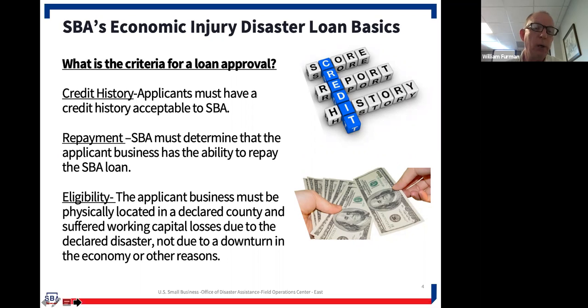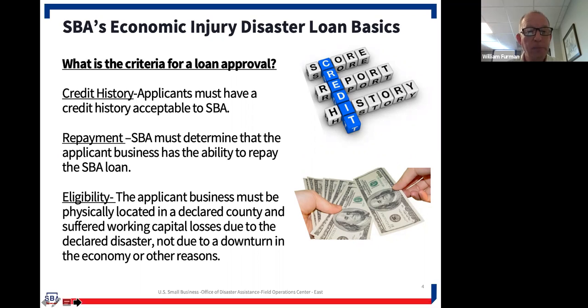If you were delinquent on your bills prior to the pandemic, if you had cash flow problems prior to the pandemic, if you had past due accounts, those would be reasons that SBA would deny your request based on repayment, because if you had problems before the pandemic, SBA would not make a loan to try to resolve that. This has to be tied directly back to the pandemic and the situation with this particular disaster.